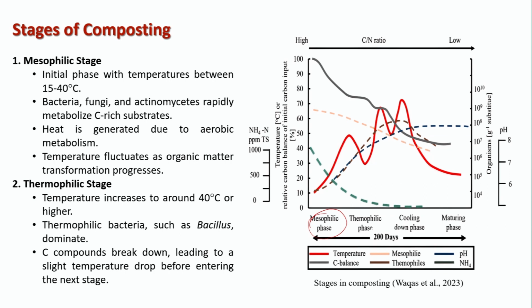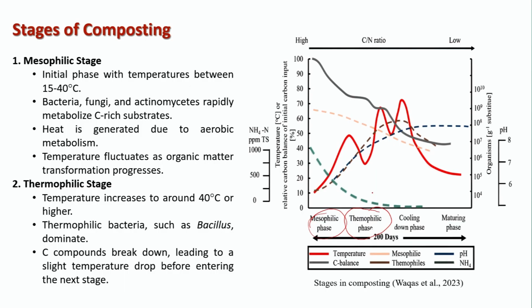The next stage is the thermophilic stage, where the temperature increases to around 40 degrees Celsius or more. Thermophilic bacteria such as Bacillus dominate here, and carbon compounds break down, leading to a slight temperature drop before entering the next stage.